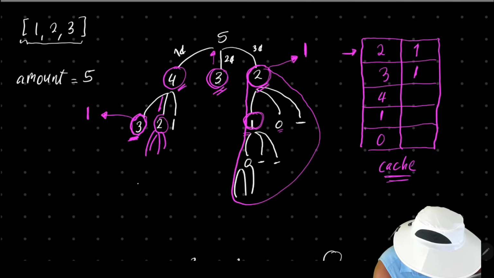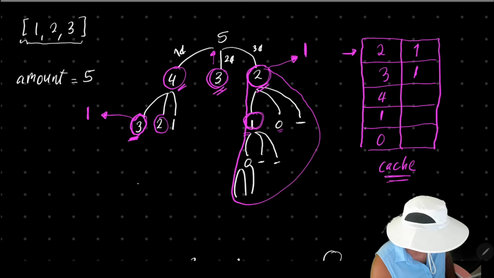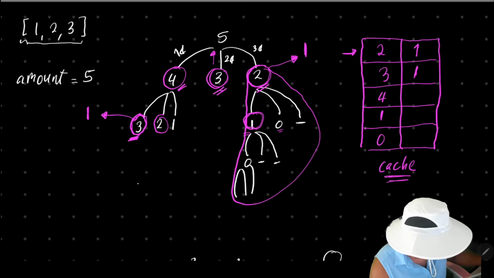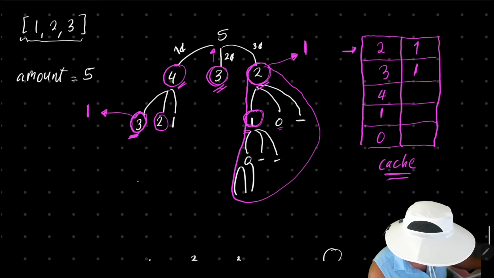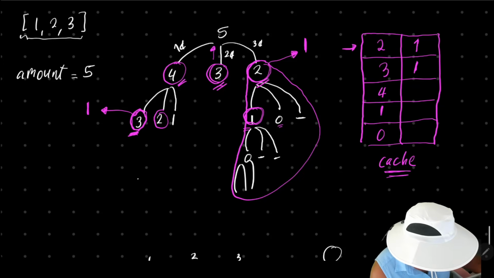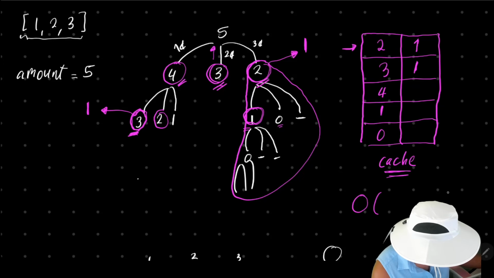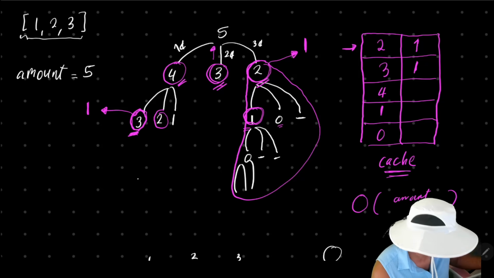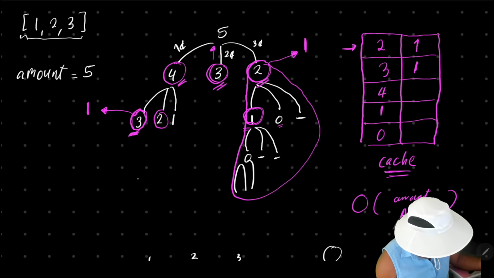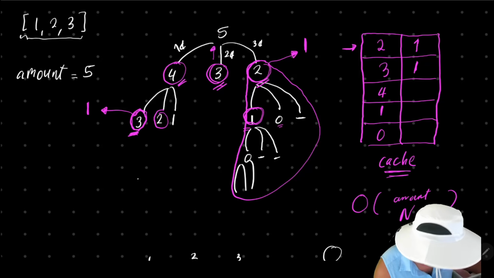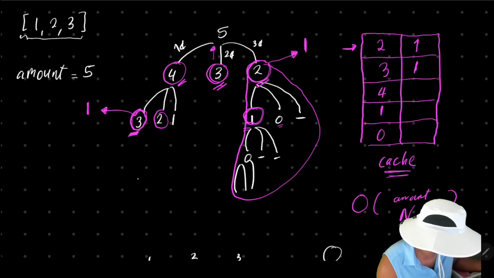This will make the call and then go back directly. So the runtime, if I use the cache, and try to convince yourself of that, it's going to be O of the amount. Or if you call the amount n, it will be O of n. For amount of 5, for example, I need about 5, 7 function calls.